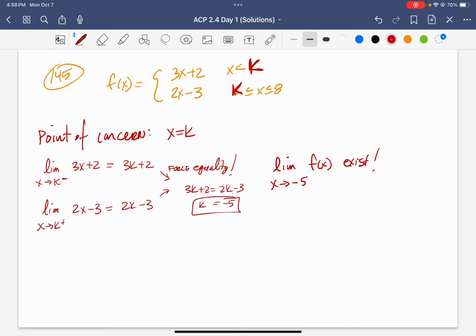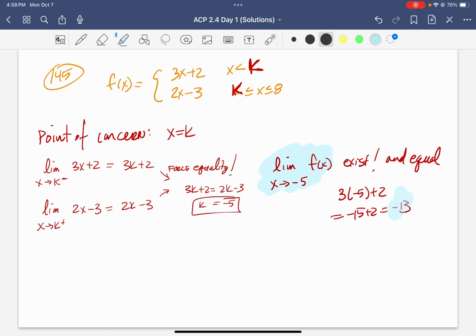And what would they be? I could plug in a negative 5 into either. So how about 3 times negative 5 plus 2? That's negative 15 plus 2, or negative 13. So the limit would exist, and it would equal negative 13.